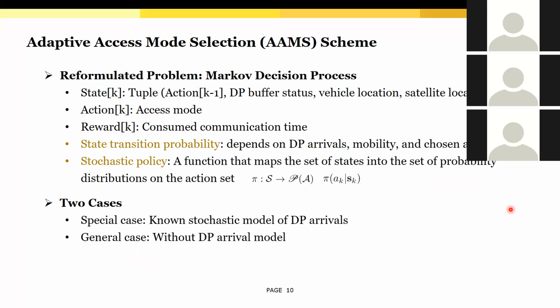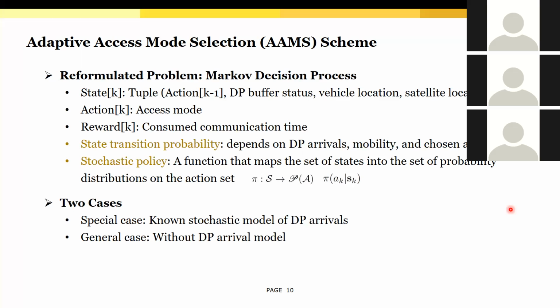In this case, the uplink buffer status will be uploaded to the base stations. This is what the conventional networks do, because for the uplink communications, each vehicle or each user will upload their data packet buffer status, because base stations should allocate resources to these vehicles for their uplink communications. So this is the first case.